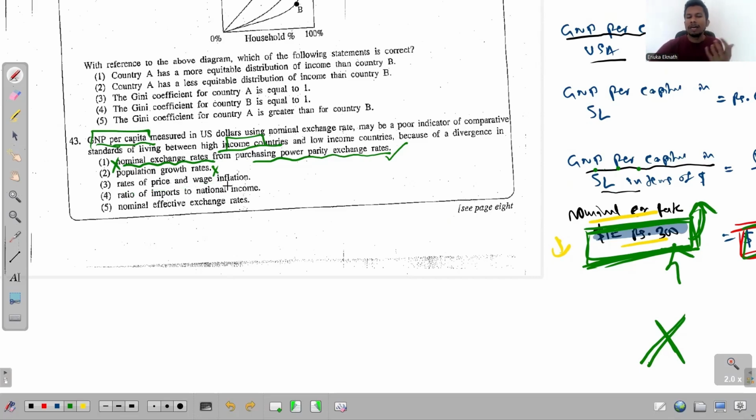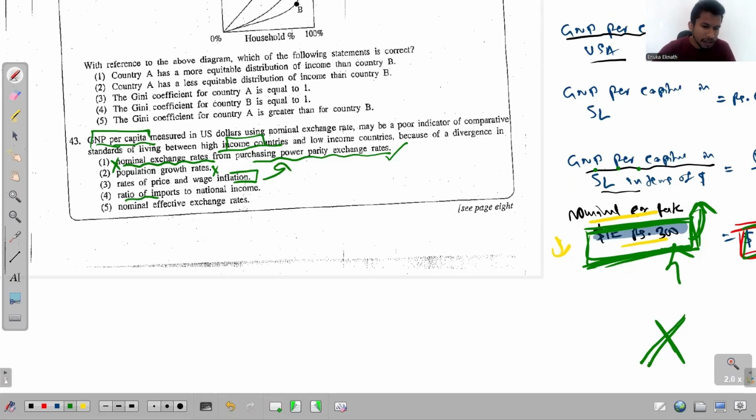Rate of price and wage inflation may affect to the domestic price levels in the considering country. හැබැයි compare කරනකොට ඒක ඉච්ච ලොකු ප්‍රශ්නයක් වෙන්නේ නැහැ. මොකද අපි එකම goods baskets දෙක තමයි අරගෙන තියෙන්නේ when calculating this purchasing power parity exchange rate.